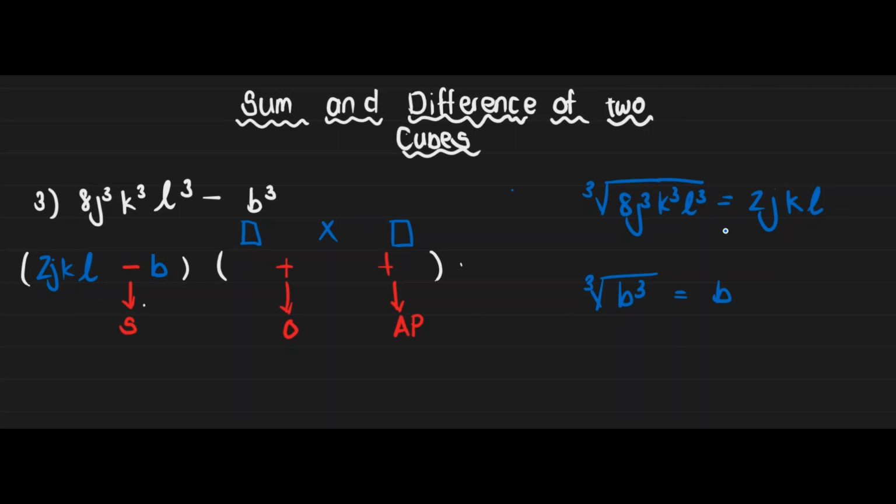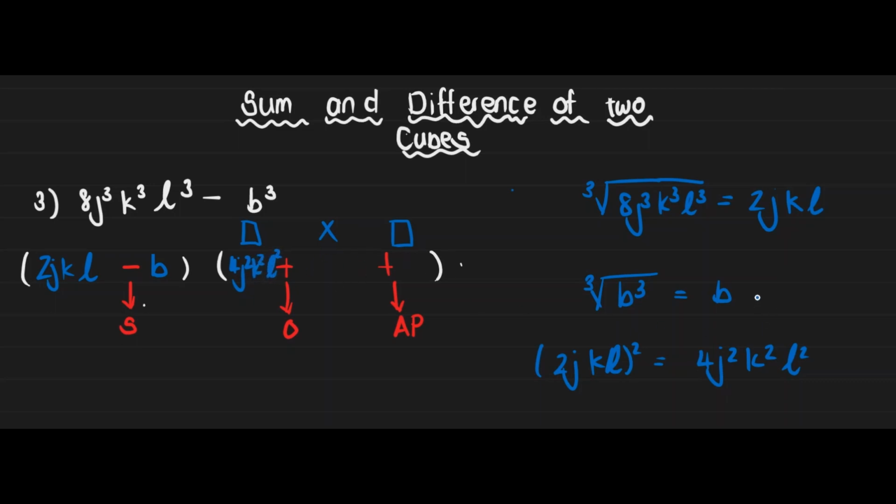So we need to square 2jkl, which is going to give you 4j squared, k squared, and l squared. So it's going to be 4j squared, k squared, and l squared.